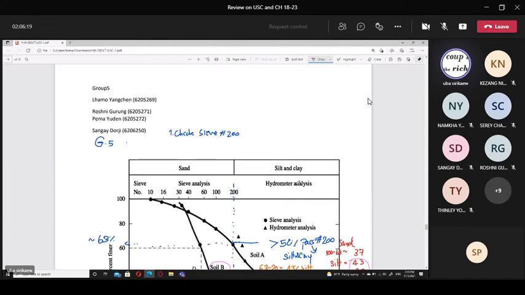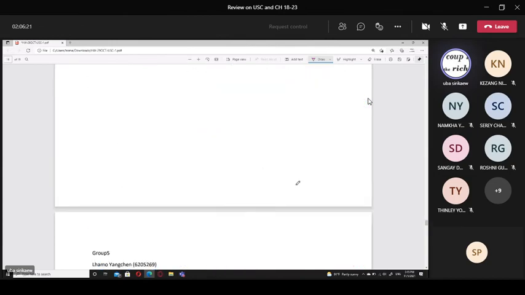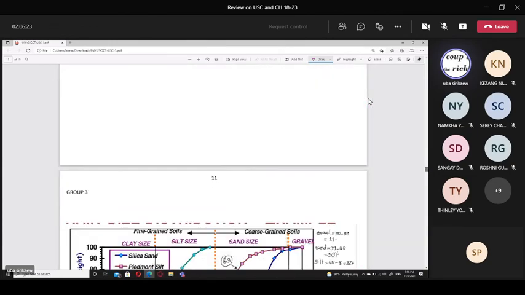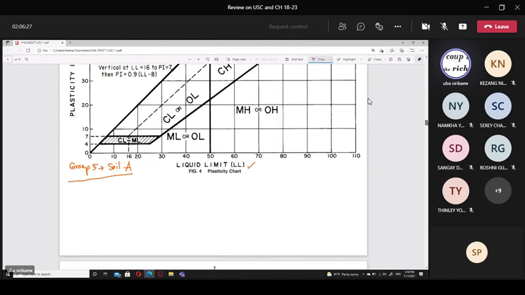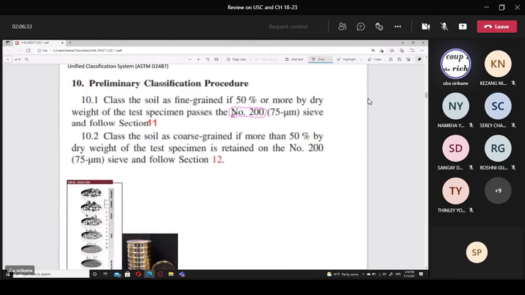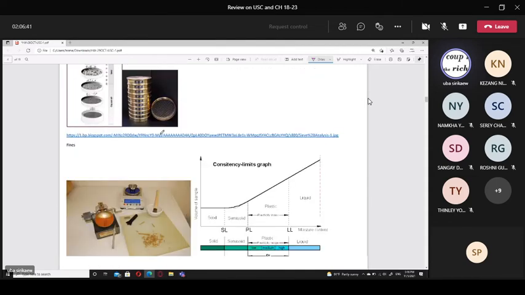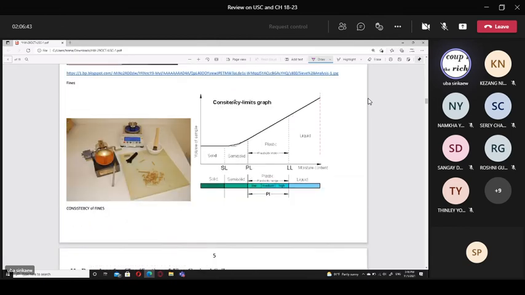What do you have to do? Think about this. When the fines particle is greater than 50%, you go to section 11. For section 11, this is the consistency of fines particles.